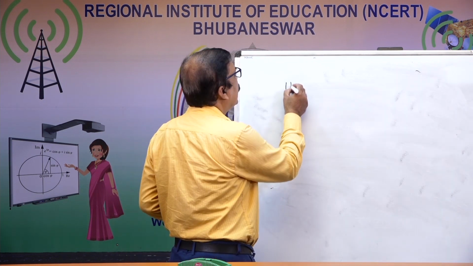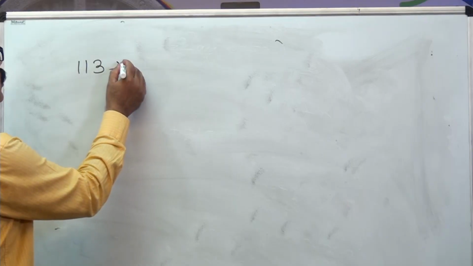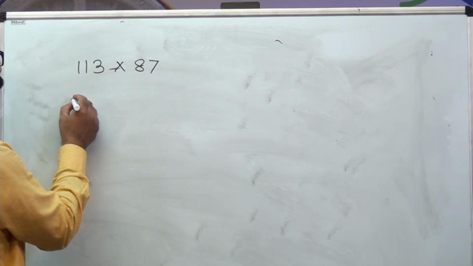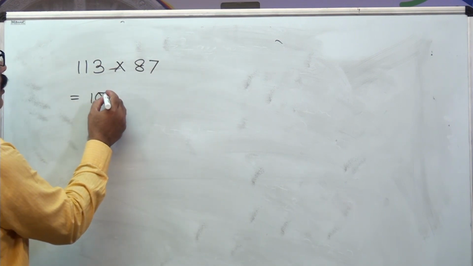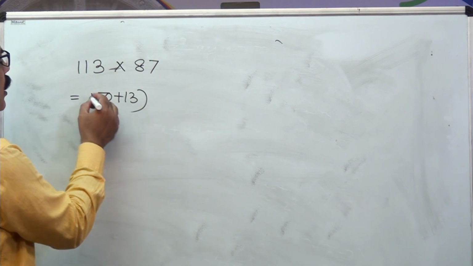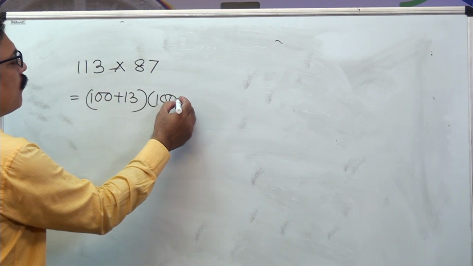So 113 into 87 can be written as 100 plus 13 and 100 minus 13.